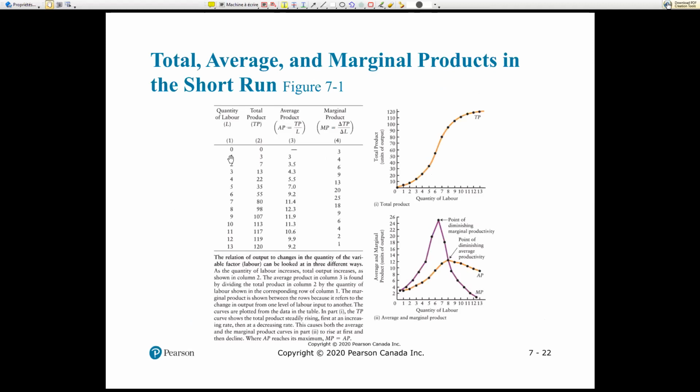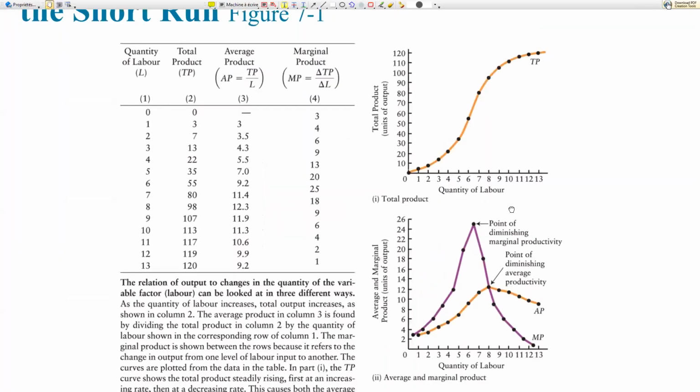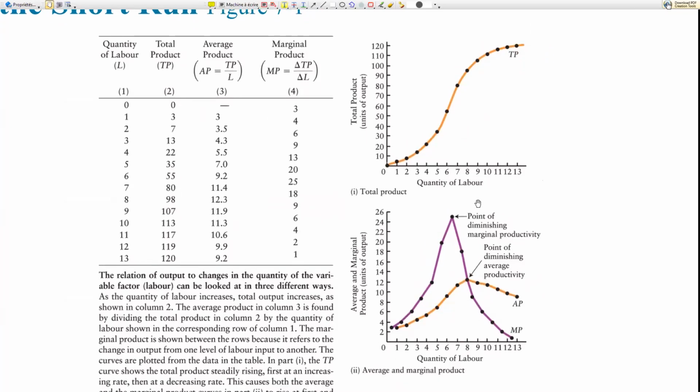So we get to this thing here, which is a summary of everything we've talked about so far. This is the total product given the quantity of labor I have. If I have 0 workers, I produce 0. With 1 worker, I produce not very much, like 3, and with 2 workers, I produce 7.